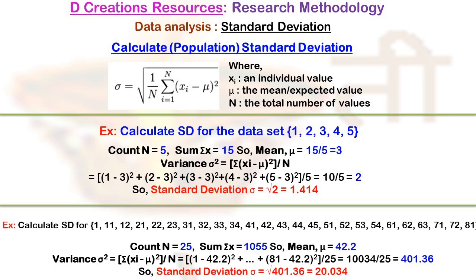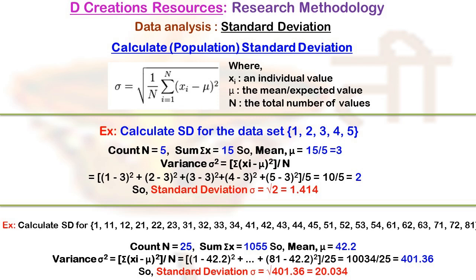Now you yourself can take different kinds of sets of points and try to find the standard deviation. Logically, if you had taken 5 identical points, for example 1, 1, 1, 1, 1, the mean is 1. In the numerator, every xi minus mu is 1 minus 1, which is 0.